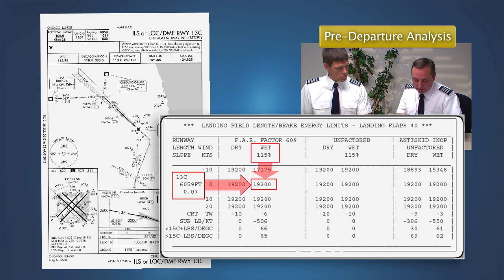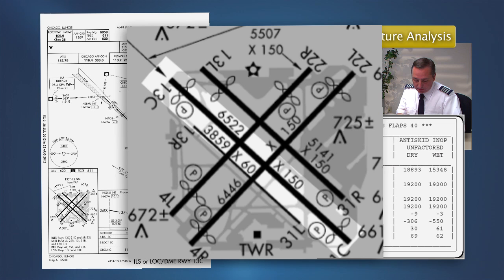The operator must evaluate the longest runway in still air conditions. They must also evaluate the most suitable runway given the weather conditions and approaches to be used unless an alternate airport is designated. Using Chicago Midway as our destination airport, for our estimated time of arrival, Runway 13 Center is both the longest and the most suitable runway, given the forecast weather and the ILS approach to this runway.